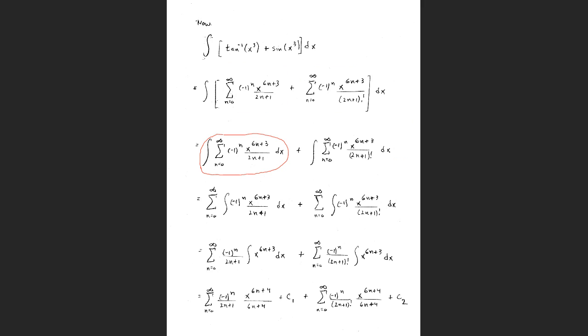Well, that's just equal to the sum of the integrals. So I write that this way. And same thing for the second integral. I have the integral of a summation, the integral of a sum. That would be just then the sum of the integrals of all the terms in the series, right?